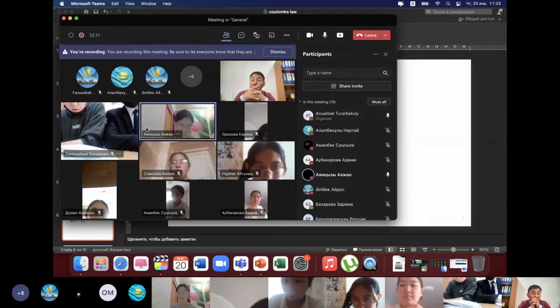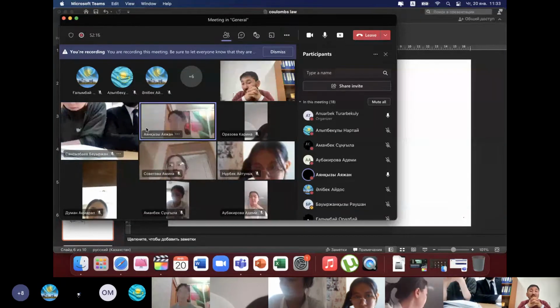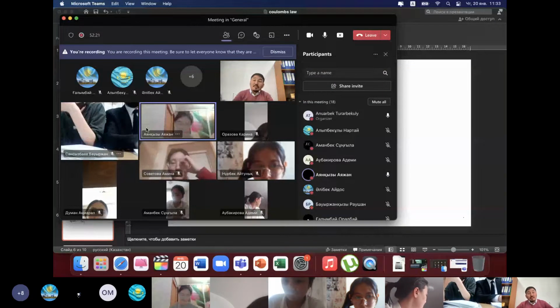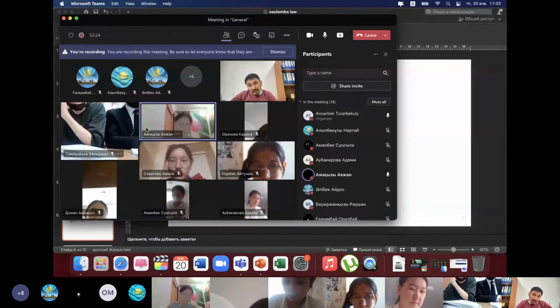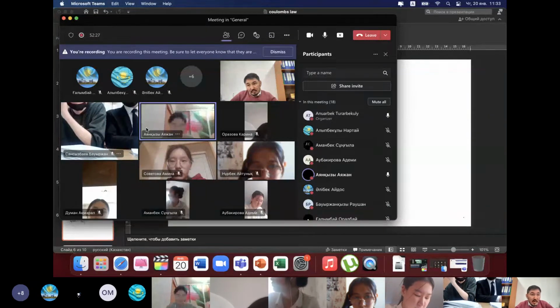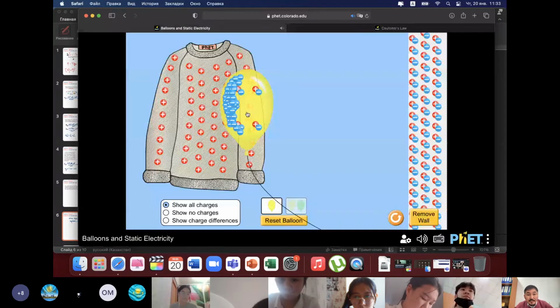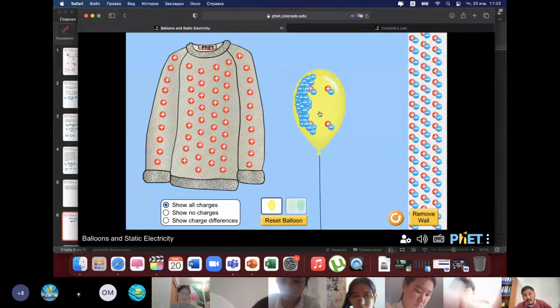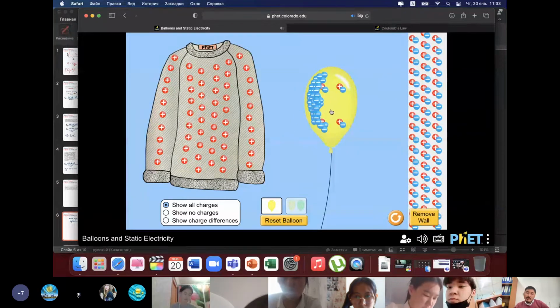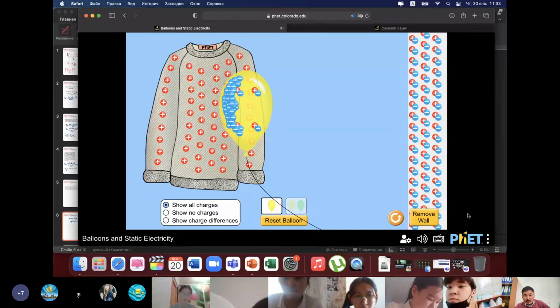Today we learned about balance and static electricity and Coulomb's law. Like charges repel each other, and unlike charges attract. Coulomb's law formula is F equals K times Q1 times Q2 per D squared.